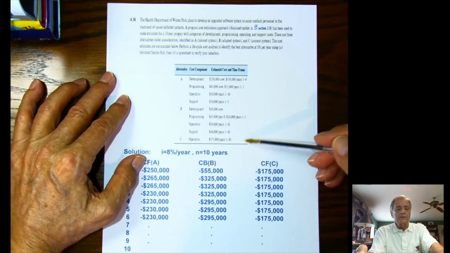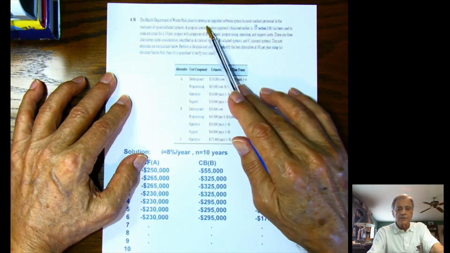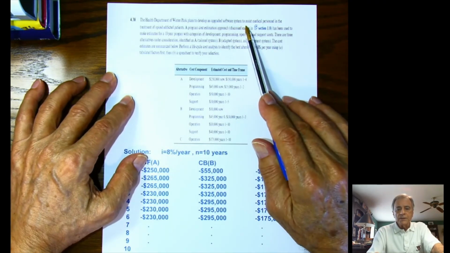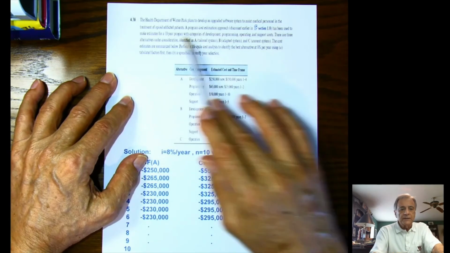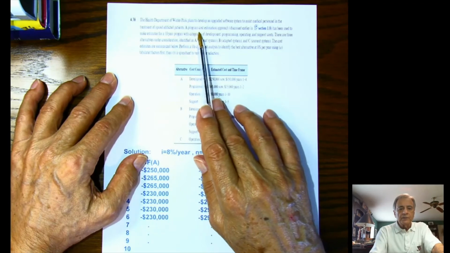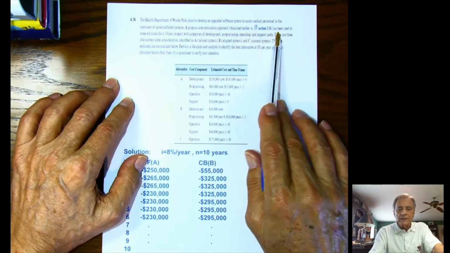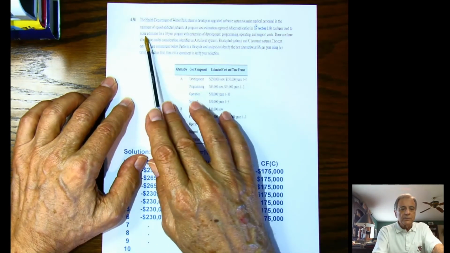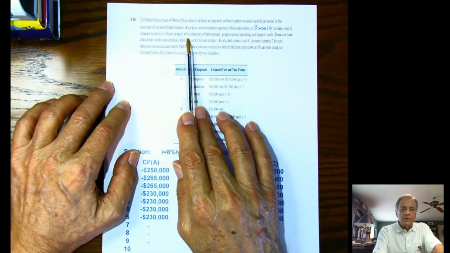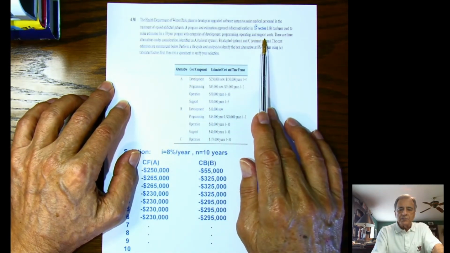So it says, the Health Department of Winter Park plans to develop an upgraded software system to assist medical personnel in treatment of opioid-addicted patients. The program cost estimates approach discussed earlier has been used to make estimates for a 10-year program, with categories of development, programming, operating, and support cost.